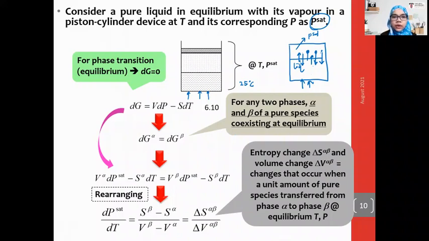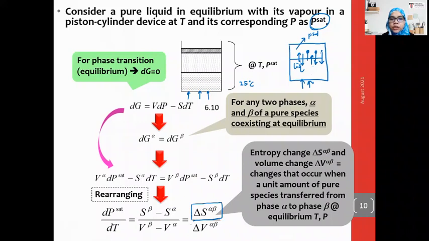So when we rewrite based on VdP minus SdT, we have V_alpha dP_sat minus S_alpha dT equal to V_beta dP_sat minus S_beta dT. When we arrange this, we get dP_sat over dT equal to S_beta minus S_alpha, which equals delta S.